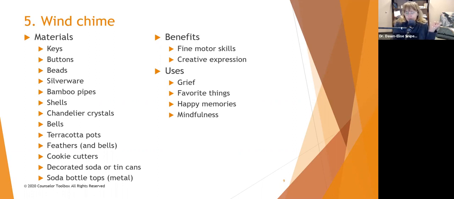Or cookie cutters can be a happy memory, maybe making cookies with their grandparents, and they string together the cookie cutters so they jingle or they glisten. Not all wind chimes necessarily have to make noise. Some of them can be reflective and be more eye-catching than sound producing.